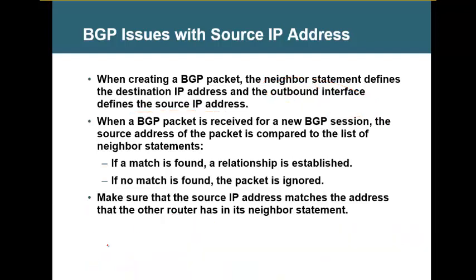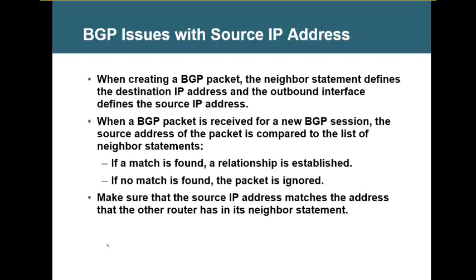Let's read the paragraph one more time. When creating a BGP packet, the neighbor statement defines the destination IP address and the outbound interface defines the source IP address. Let's go to the second paragraph.